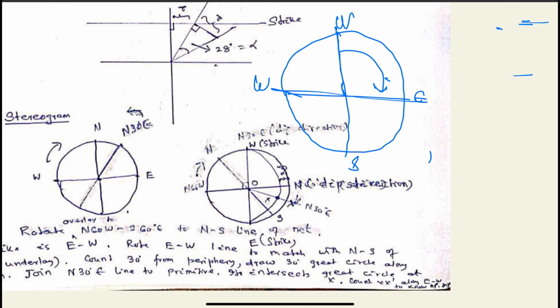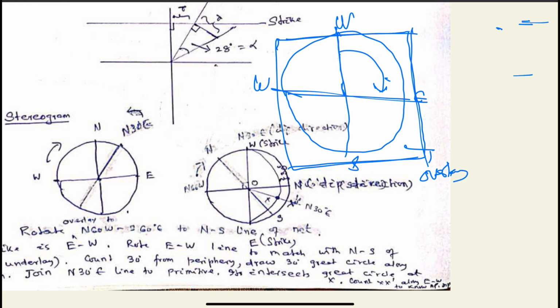We take the net at the bottom and place the tracing paper, where we want to solve the problem, over this net. The tracing paper is called the overlay and the net is called the underlay. By placing the overlay over the underlay, we first draw the primitive circle, which is the outer circle of the net, and mark the north-south and east-west points.